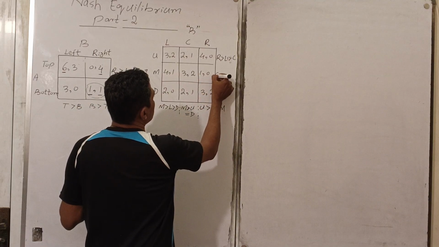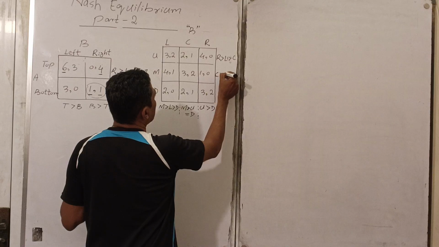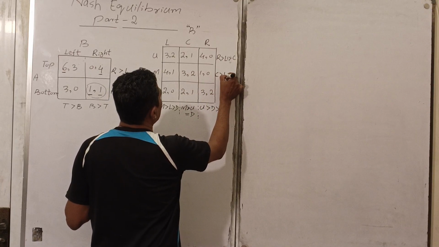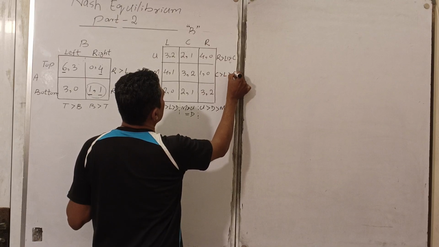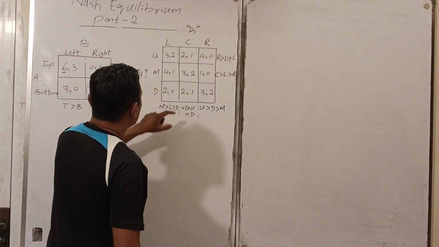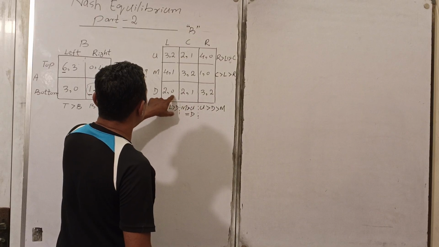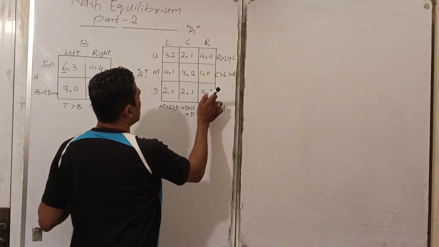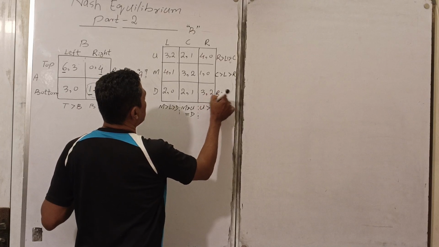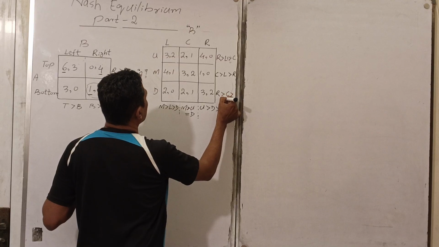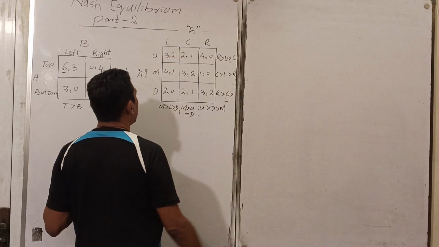Okay, so C greater than L, L greater than R. Okay, what about this one? 1 0 2. So now this one is R better than C, and C better than L.